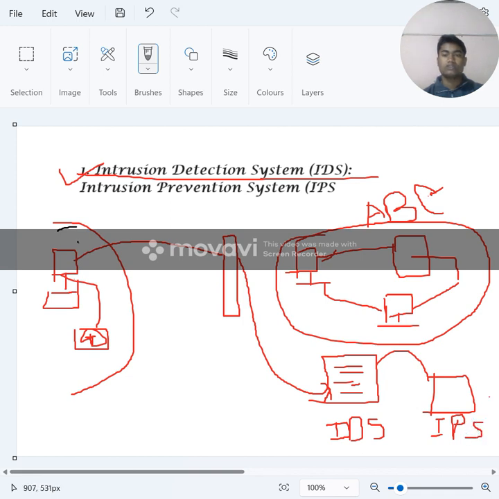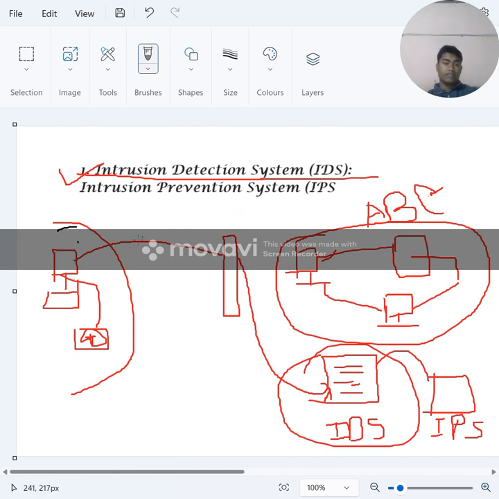An IDS passively monitors network traffic and system activities, looking for signs of potential security breaches or anomalies. It analyzes by comparing against known attack signatures and patterns to identify known threats, and the IDS does not take any action to block or prevent detected attacks.